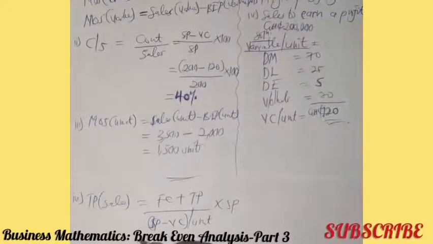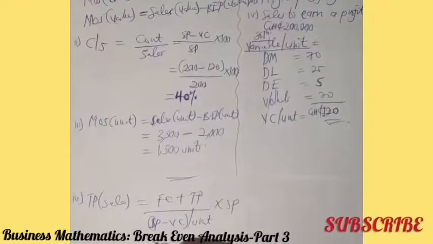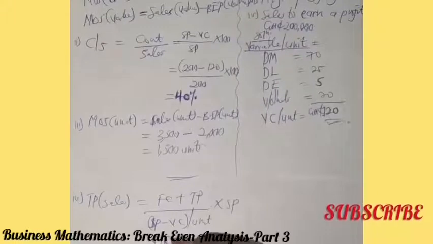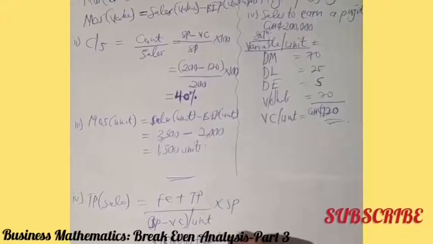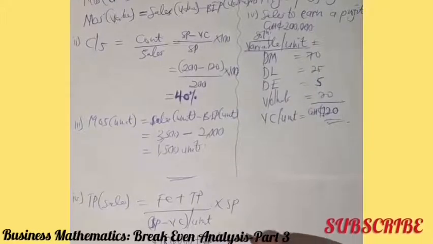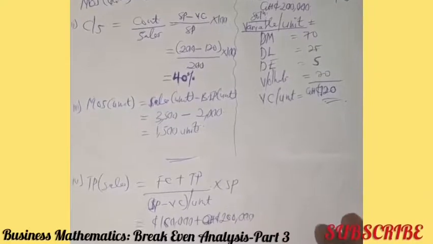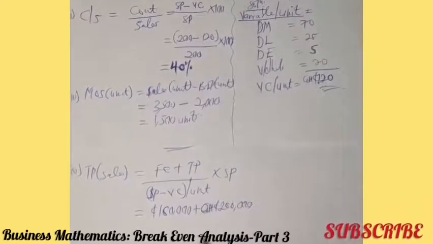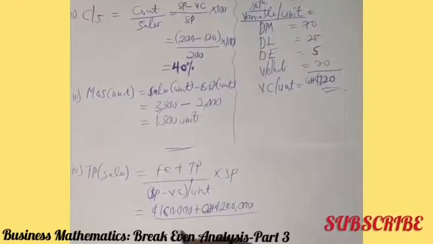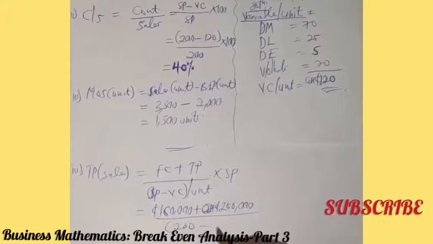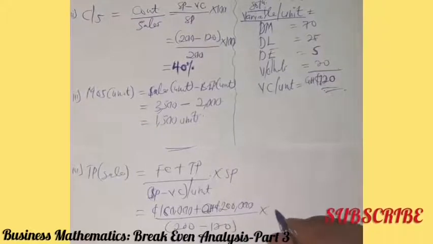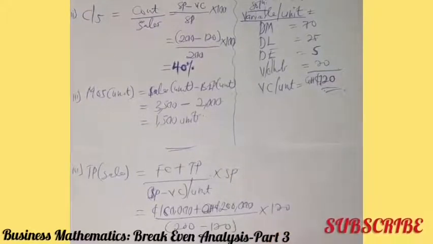So our fixed cost was 160,000 plus 200,000 as my targeted profit, then divided by my selling price, which is 200, minus my variable cost, which is 120, then multiply by my selling price of 120 again.